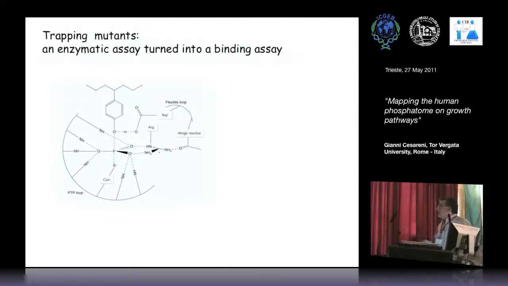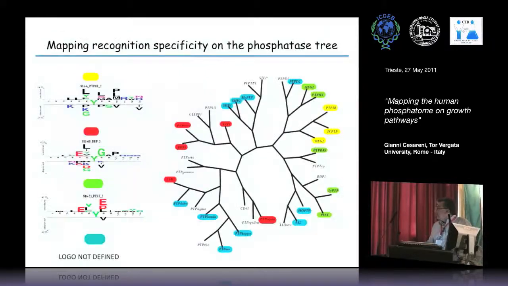So you stabilize the interaction and you transform an enzymatic assay into a binding assay. We did an experiment similar to what I've just described for SH2, and we could map the specificity of 16 of the protein tyrosine phosphatases.